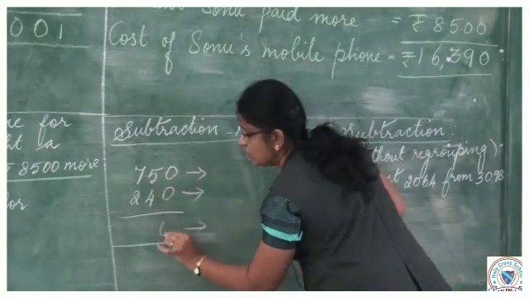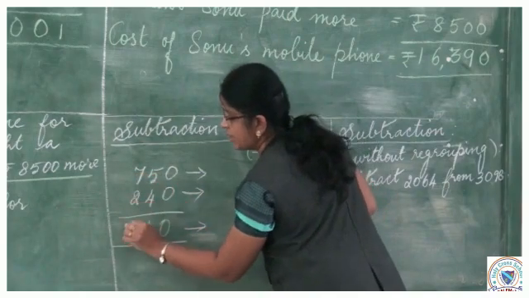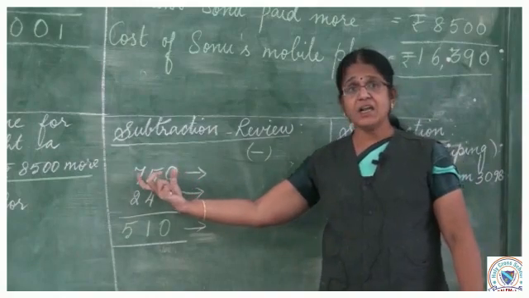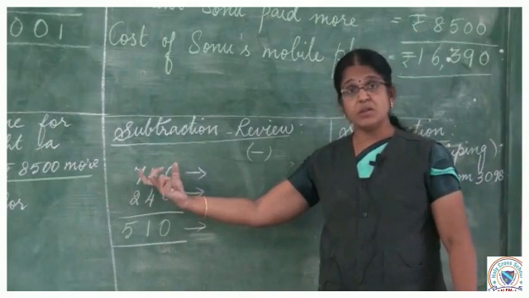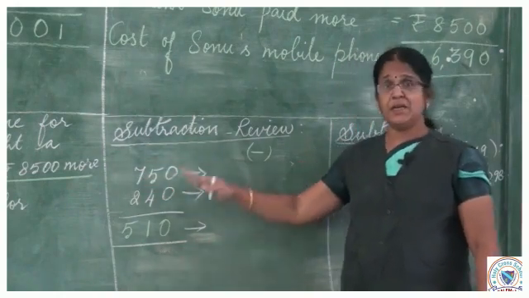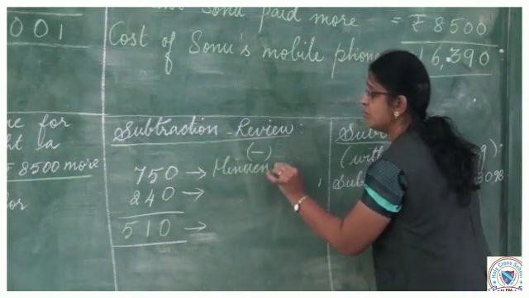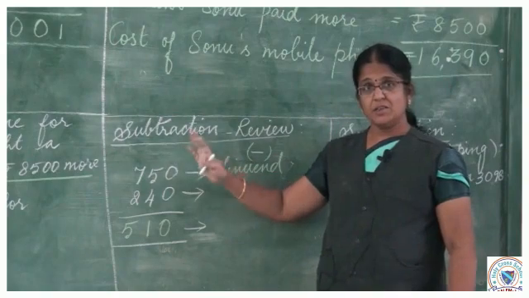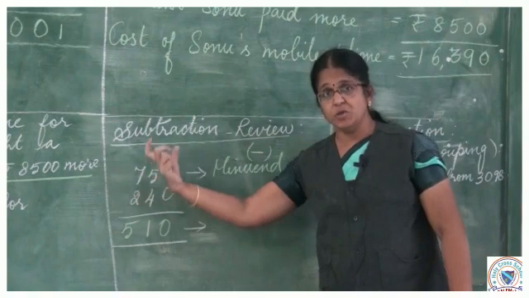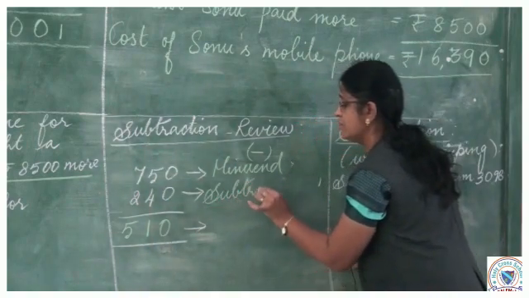0 minus 0, 0. 5 minus 4, 1. 7 minus 2, 5. Here, the large number that you have on the top, the large number from which you subtract, is called the minuend, and the smaller number that you subtract is called the subtrahend.